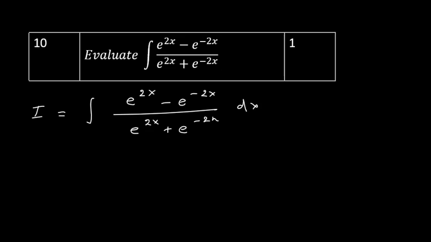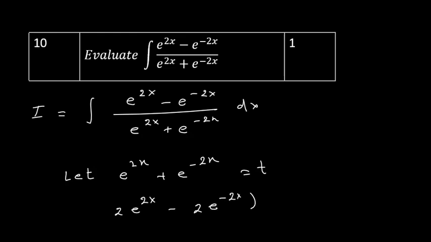So I will consider, let e power 2x plus e power minus 2x be equal to t. Now I differentiate it, so I will get 2 into e power 2x minus 2 into e power minus 2x into dx, which is dt. So I will take 2 common.